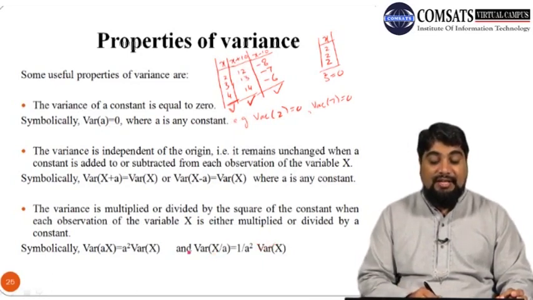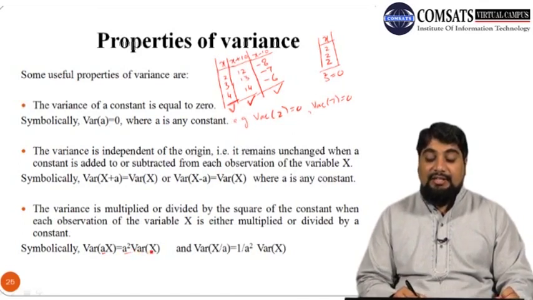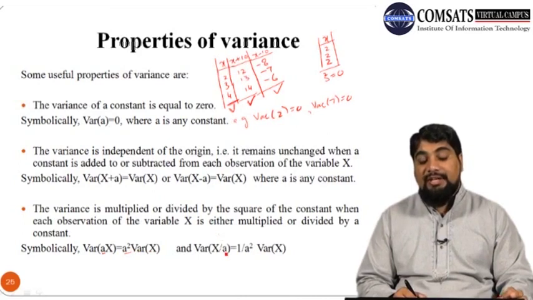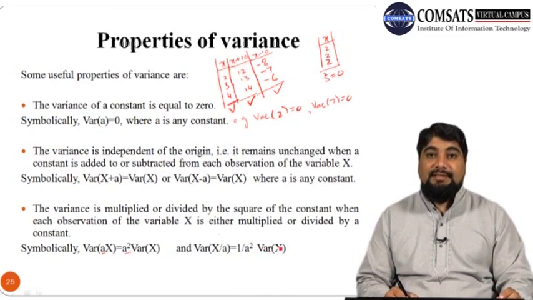So here in the first case, a is being multiplied with x, so we can take the square of a times variance of x, and similarly in the second case x is being divided by a, where a is a constant number, it is equal to 1 over a square times variance of x.